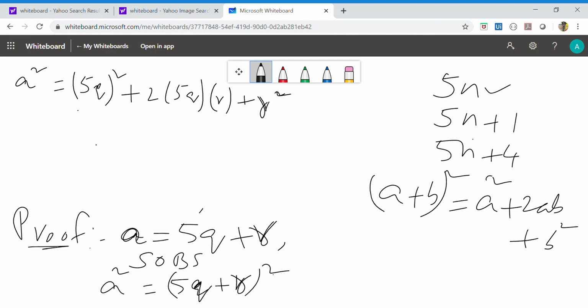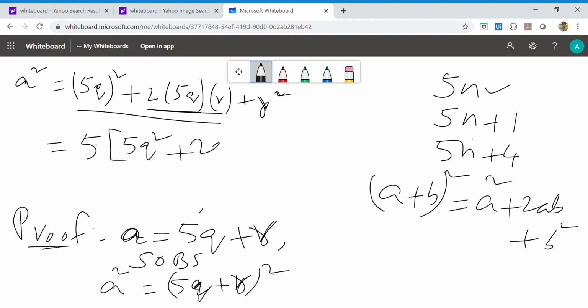From the first two terms, I want to take 5 as common. So 5q whole square becomes 5 square q square; one 5 comes out, so one more 5 is left over: 5q square. Plus from the second term, 2 into 5q into r, I am taking 5 out common, so 2qr is left over. Then plus r square.